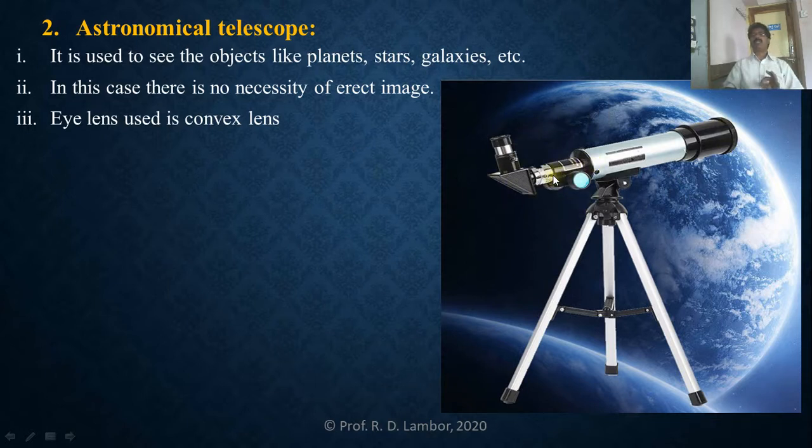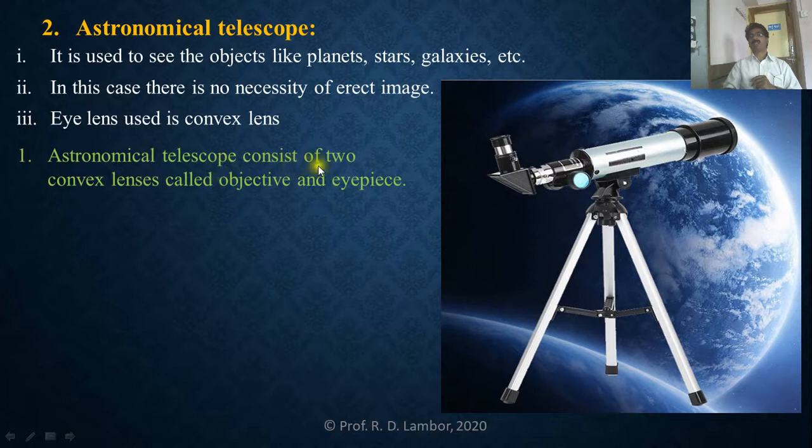So an astronomical telescope consists of two convex lenses. The lens towards the object is called the objective, and the one towards the eye is called the eyepiece.